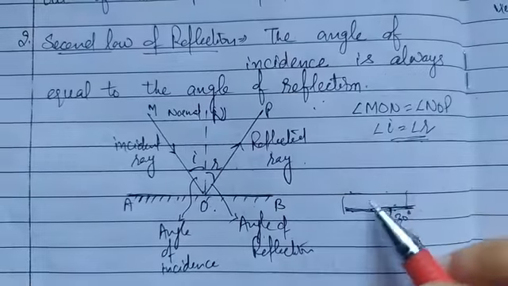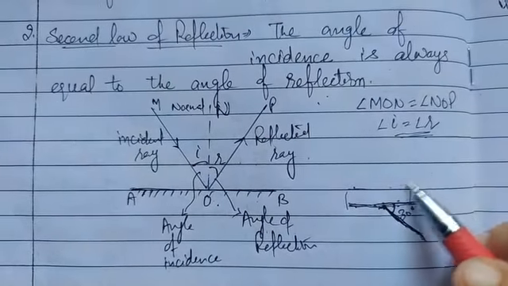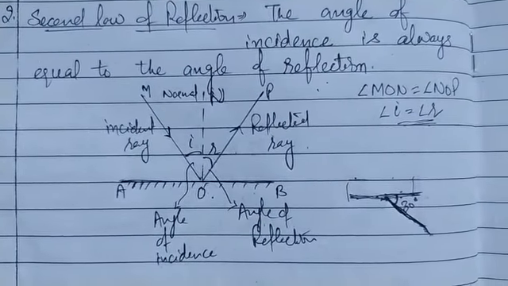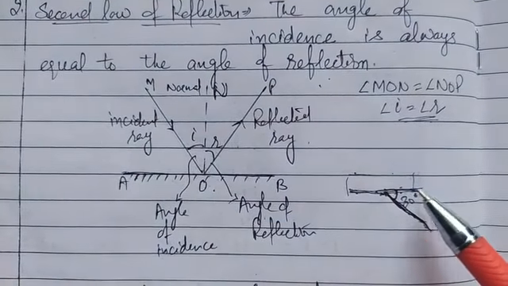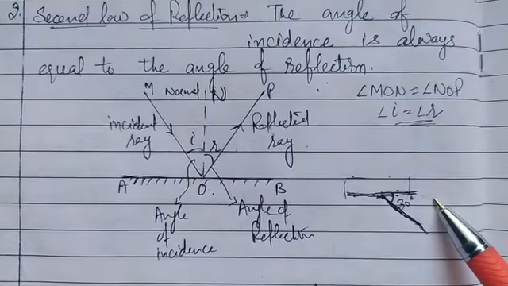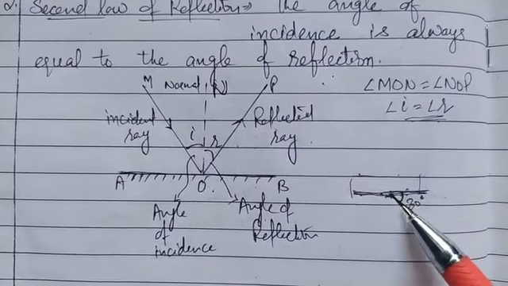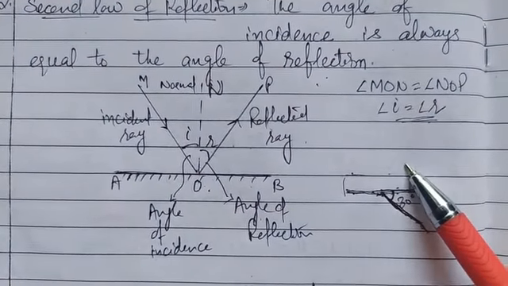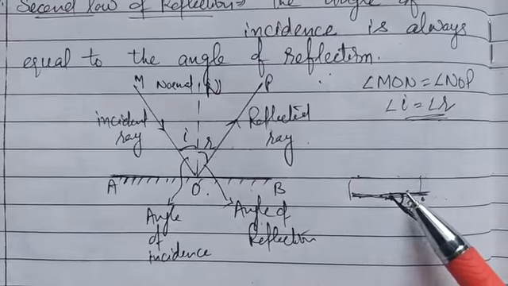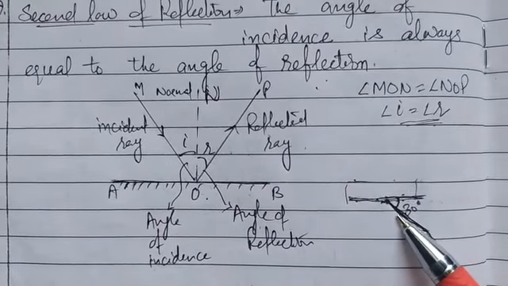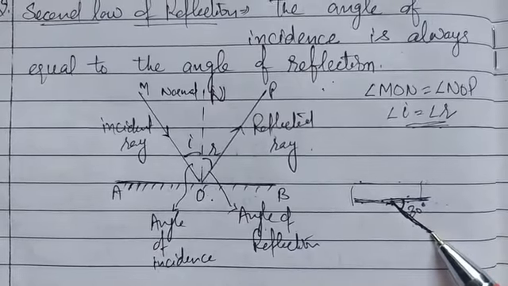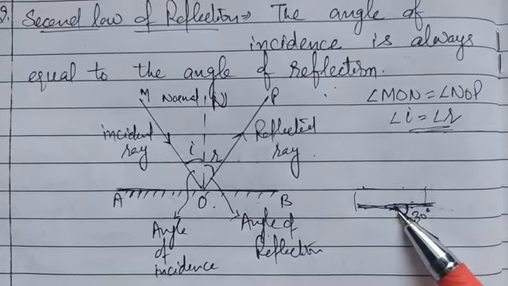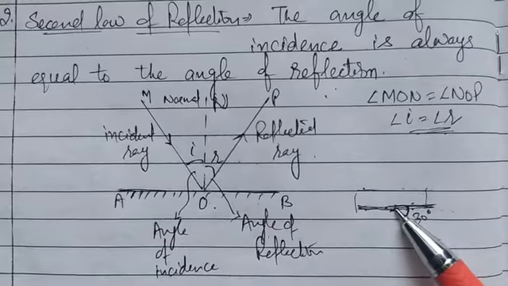Firstly you can skip this point, and later you can take the mirror and place it. First draw a straight line, and after that take a protractor and use it to draw an angle of any measure, say 30 degrees. We have drawn 30 degrees here. So this angle is 30 degrees.